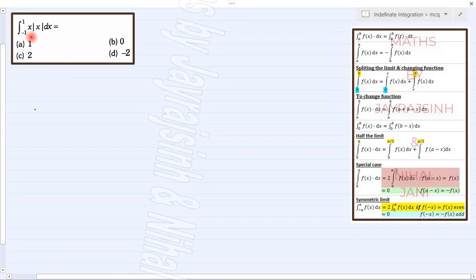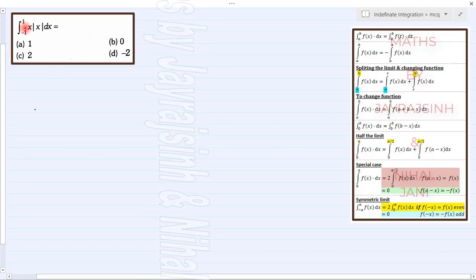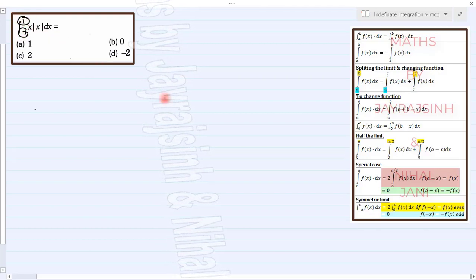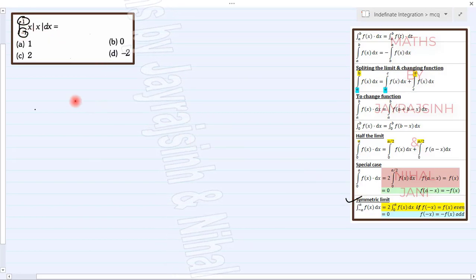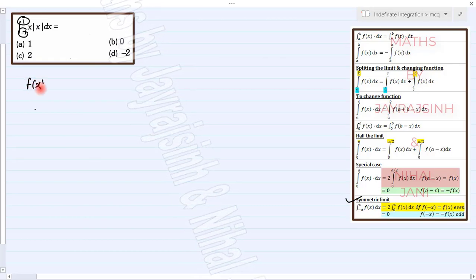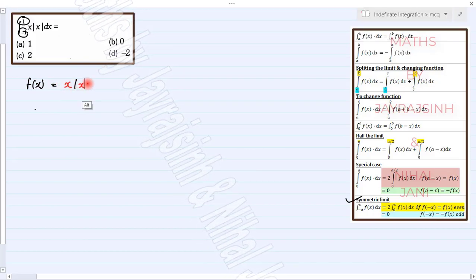In this question, we have to integrate x into mod x from -1 to 1. Here we have symmetric limits, so let's check whether our function is odd or even. Let's write down your f of x, which is x into mod x.